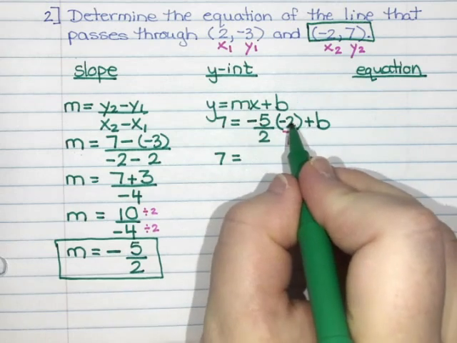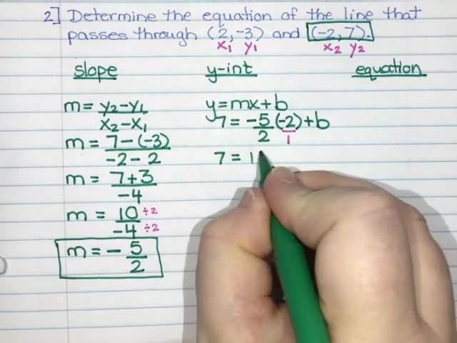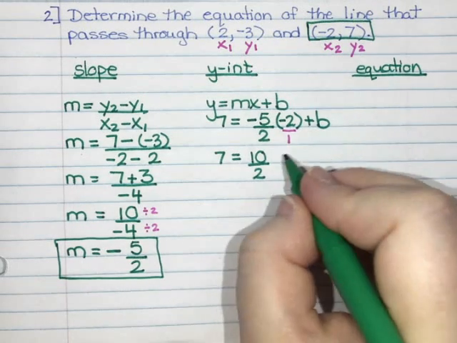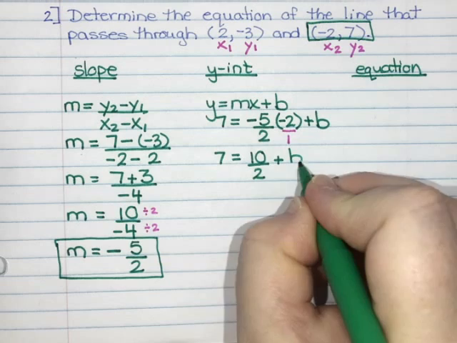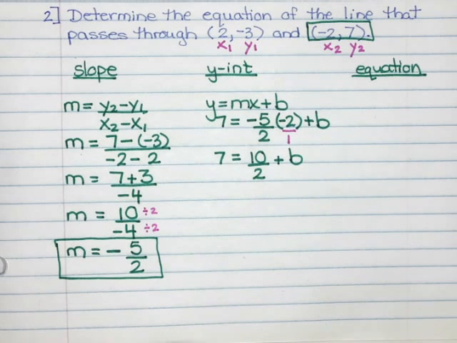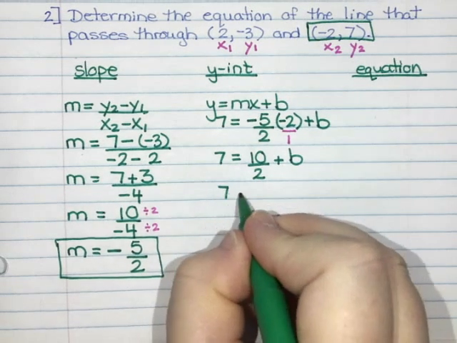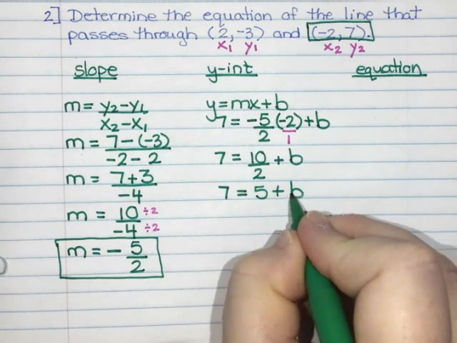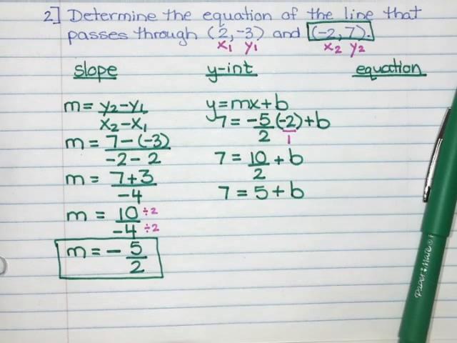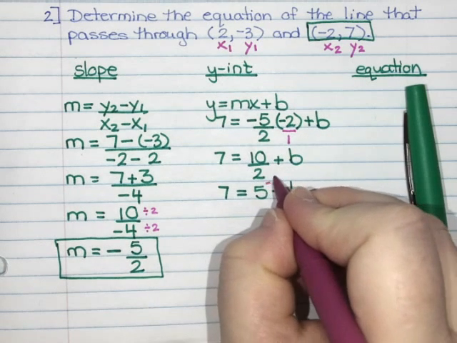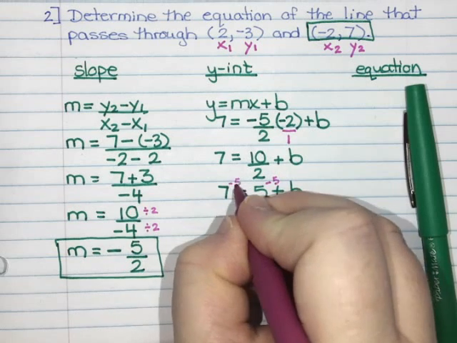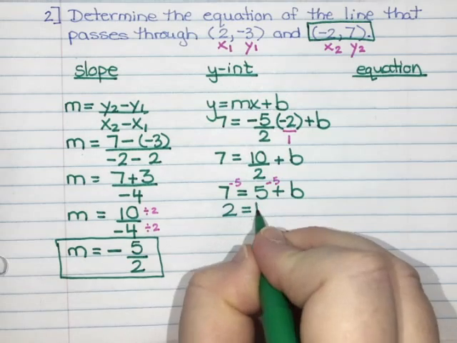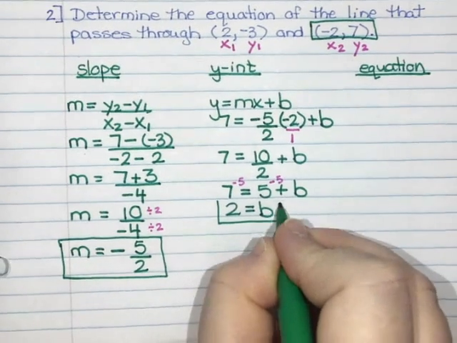So -5 times -2 is +10, and 2 times 1 is 2, and then plus b. 10, does it divide nicely by 2? Yes, it does. 10 divided by 2 is 5. So I have 7 equals 5 plus b, and then I'm going to solve for b by subtracting 5 from both sides. 7 take away 5 is 2. So my y-intercept is 2.